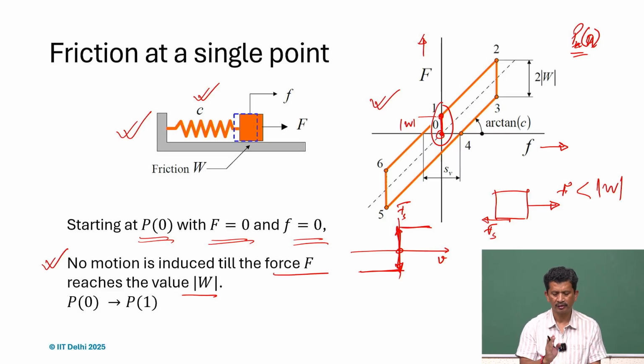So we apply the force, it will simply increase, but there will be no associated deflection in this case, and therefore there is no spring force also, because there is no deflection there.